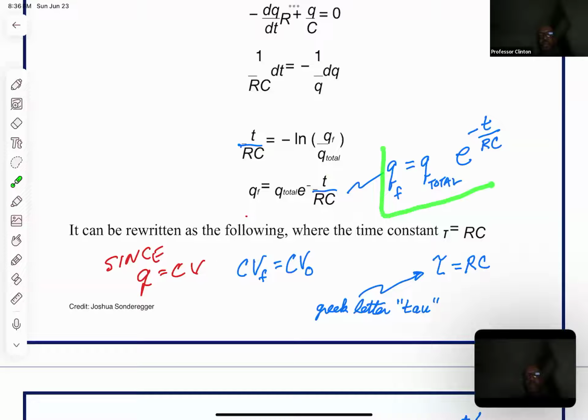I rewrote it, hopefully a little bit better: e raised to the negative t over RC, all in an exponent. And RC is equal to tau, that's the Greek letter tau.